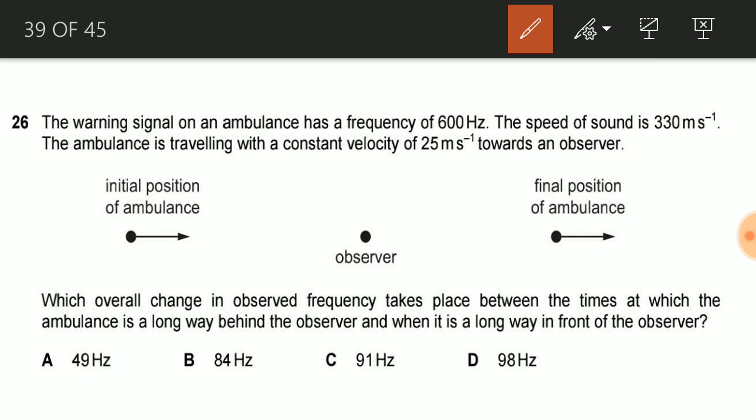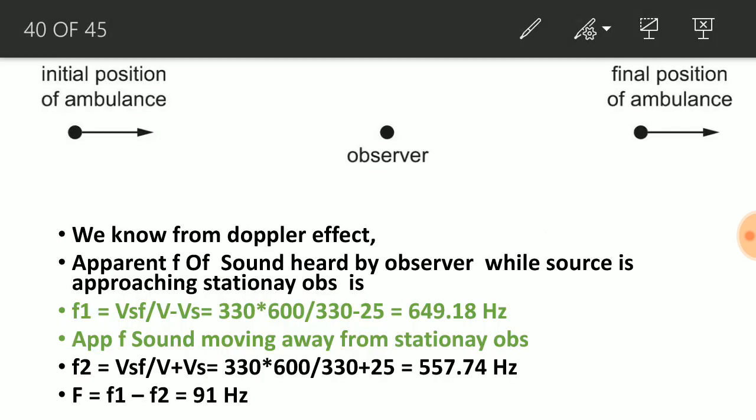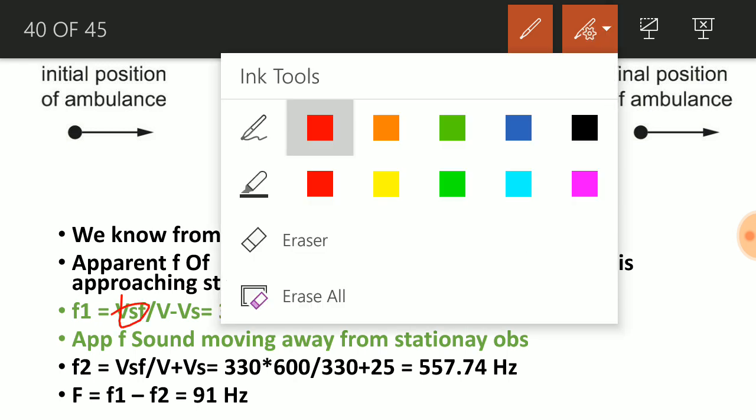In this question, the ambulance is approaching the stationary observer, and if you see our data booklet, there is a formula. If the source is approaching the observer, we will be using this formula: velocity of source and natural frequency.